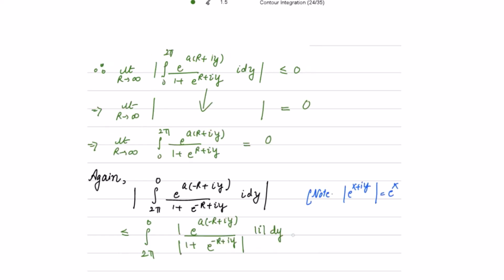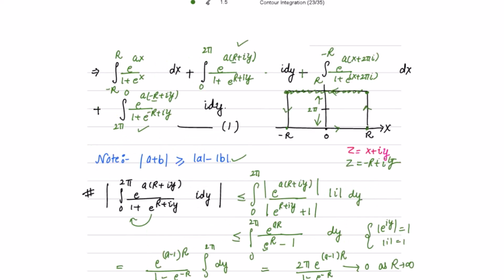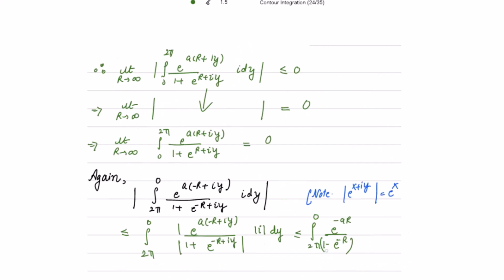This is e to the power negative ar, fine. And then in the denominator, I'm applying that inequality, that is e to the power negative r, 1 minus, so this is 1 minus e to the power negative r, and mod of iota is 1.